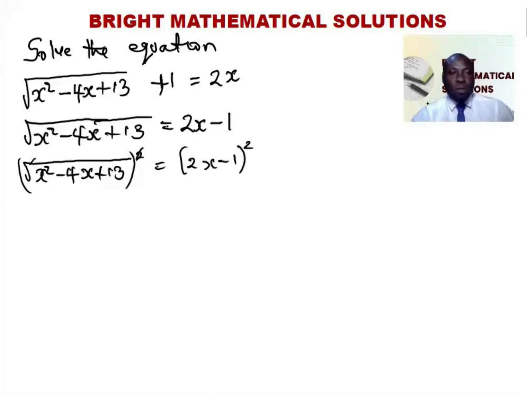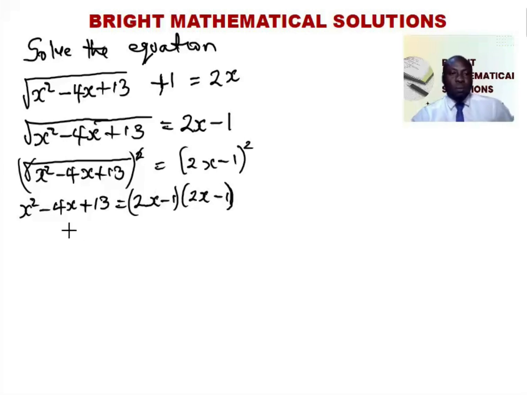Therefore, this will cancel this, and our expression becomes x squared minus 4x plus 13 equals 2x minus 1 all squared. Now we can open this bracket so that we have a linear equation that we can deal with.